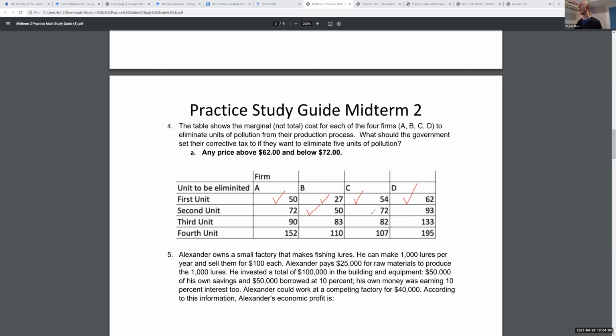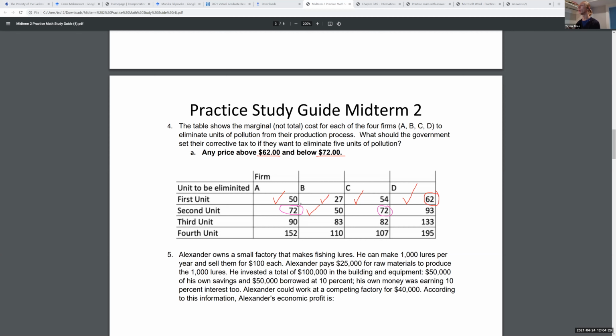So what that means then is that any price above $62, which is the cost to eliminate the last unit of pollution eliminated, and below 72, because 72 is the next price for pollution elimination right here.